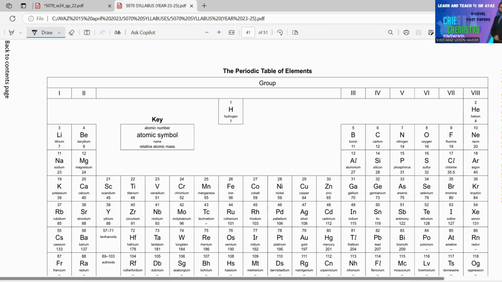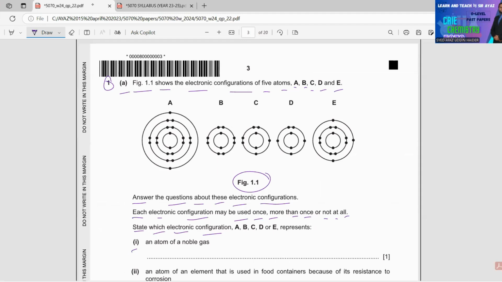Now here we are having group 8 elements. These are noble gases. We have helium, neon, argon, krypton, xenon, radon, and oganesson. What's so special about group 8 elements is that their valence shell is complete. That is, they all have 8 valence electrons except helium. Helium has only 2 valence electrons.